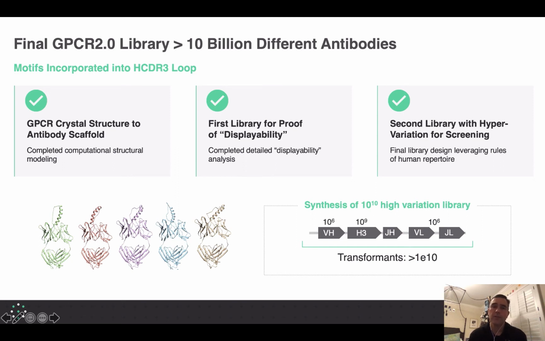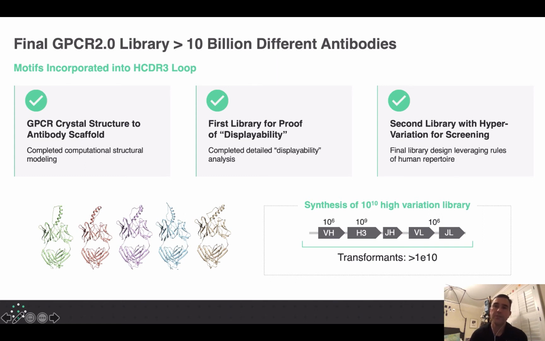After about a year's worth of work, we were able to settle on 2 different heavy chain frameworks and 4 different light chain frameworks that show high levels of displayability with these long heavy chain CDR3s with this flag tag.